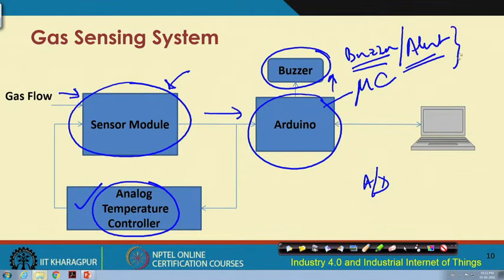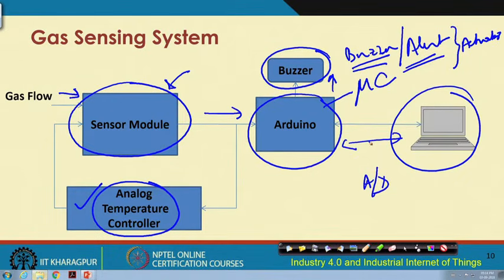So, this will be like an actuator, right. And then you also have a PC which will help you in the overall monitoring and processing. It could be a PC or a laptop or any other computational device.